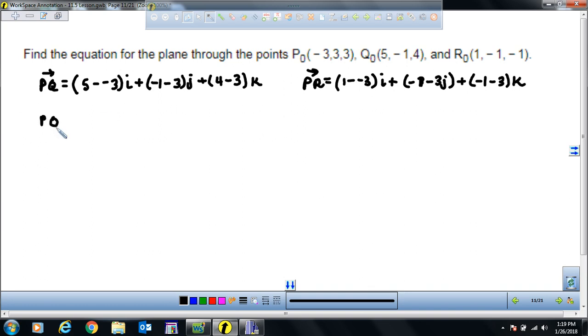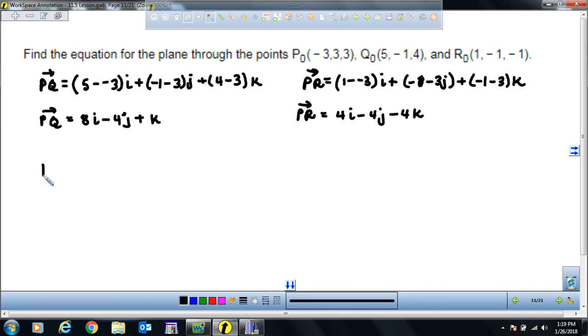So my vector PQ is going to give us 8i minus 4j plus k. And my vector PR is going to give us 4i minus 4j minus 4k.